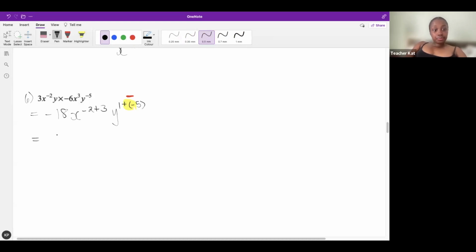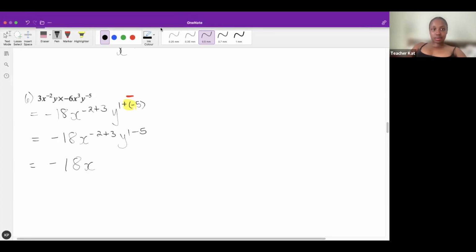So I'm going to have negative 18, x to the power of negative 2 plus 3, and y to the power of 1 minus 5. What is negative 2 plus 3? It is 1. Is it necessary that I write it?